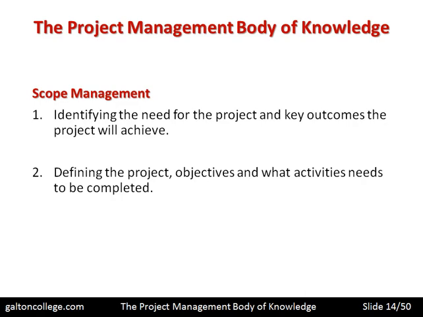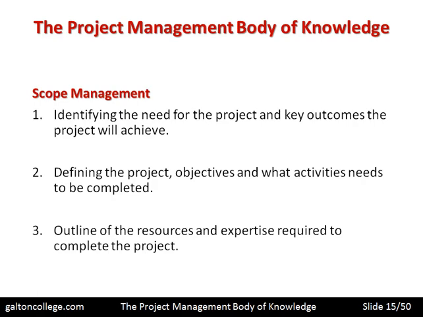So it's not just looking at the objectives, what's required from the project, but also how will the objectives be achieved? What activities must be undertaken to bring about successful outcomes?